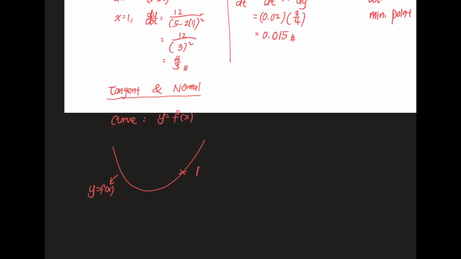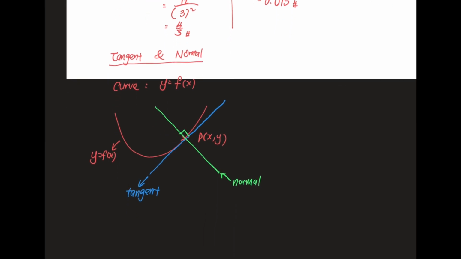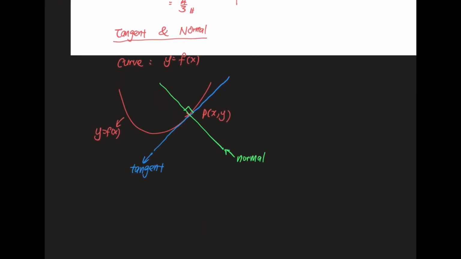Let's say this is your curve y = f(x). Let's say at this point P(x, y), you want to find the tangent. So it looks like this. This is the tangent. Tangent is a straight line that touches the graph at one point. And normal is this one, perpendicular with the tangent. So this straight line is normal.